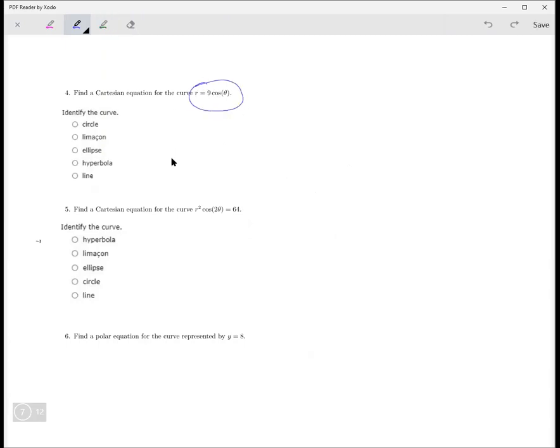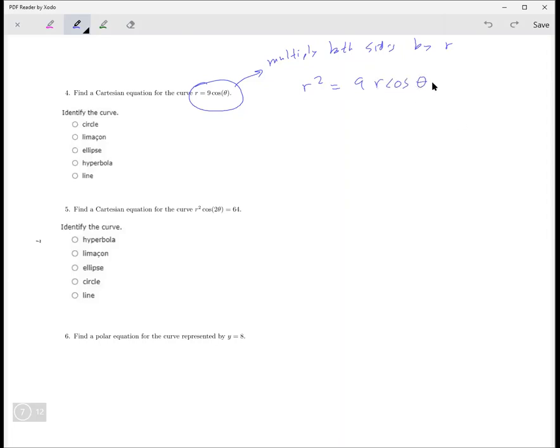Okay, so you have r equals 9 cosine theta, and we want to convert that to Cartesian. Now, in this case, if you multiply both sides by r, then you're going to get r squared equals 9r cosine theta.